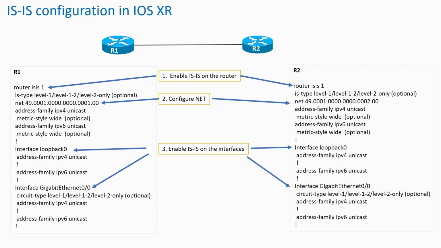Remember that by default in IOS XR the IS type is level 1-2. The third step is to enable ISIS on the interfaces. Optionally, you can change the circuit type as well on the interfaces using the command circuit-type, either level 1, level 1-2, or level 2 only.